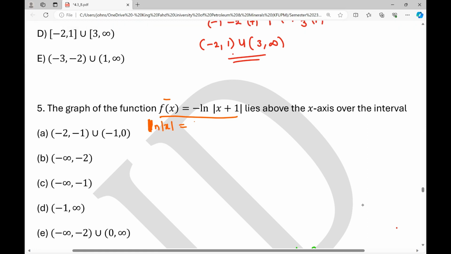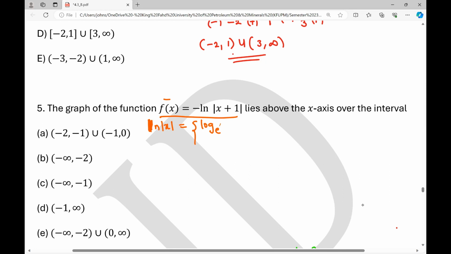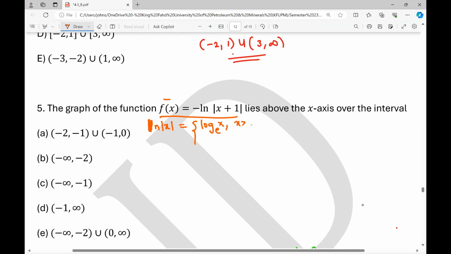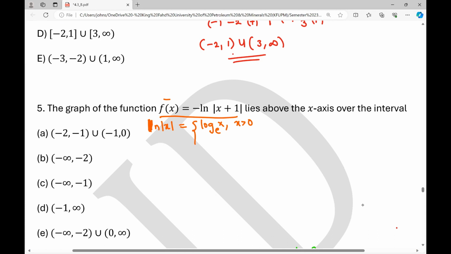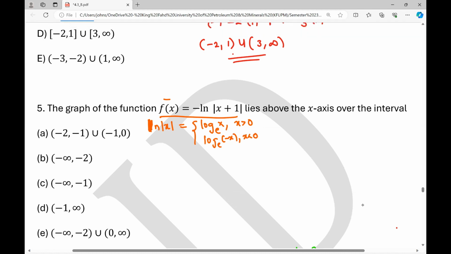We know this is the same thing as log to base e of x if our x is positive, and this is log to base e of minus x if x is less than 0. So this will just be something like this.